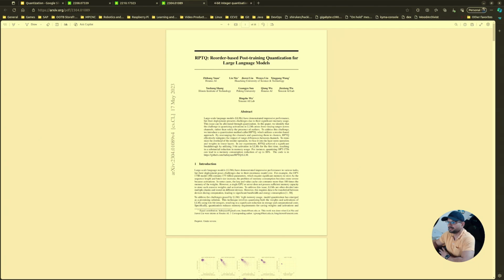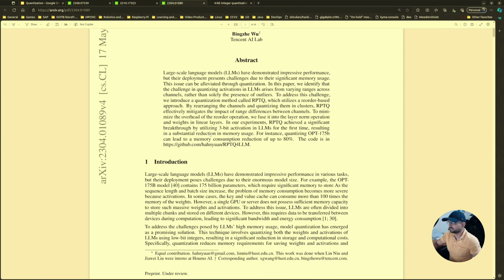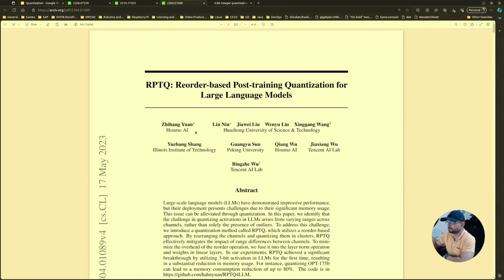And this method tried to solve this loss in precision by clustering similar weights and activations and then quantizing them after, right? So this allowed them to quantize both activations and weights to 3 bits. And this is a very interesting paper, and I would recommend if you are interested in learning about quantization, take a look at this too.